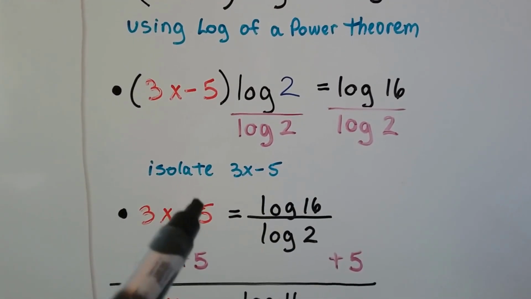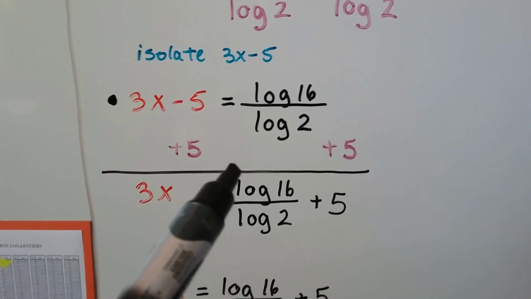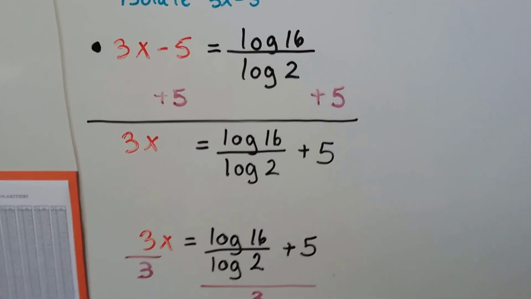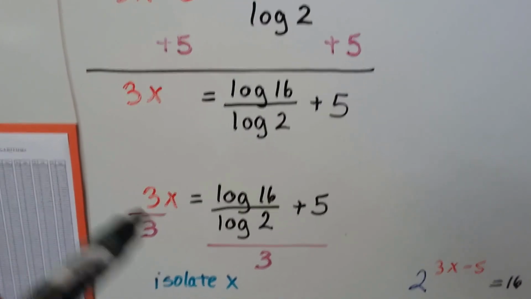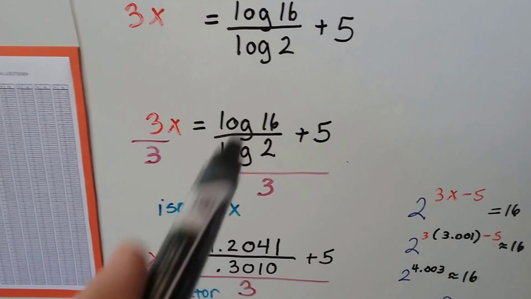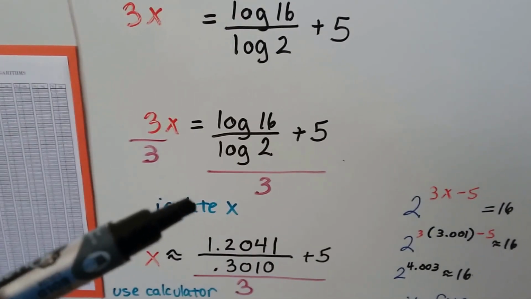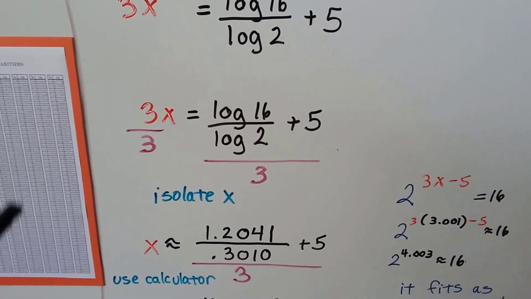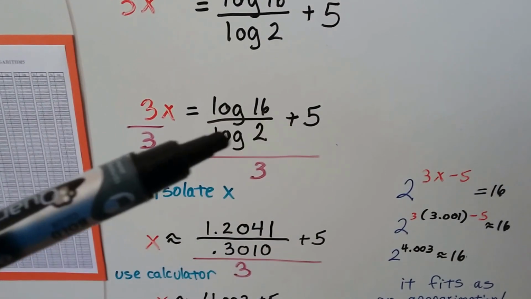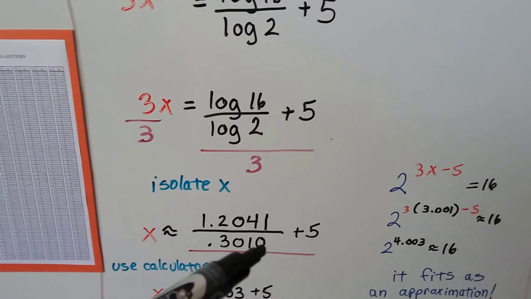We can get rid of this minus 5 by adding 5 to each side of the equation. Now it's just 3x equals the quotient of log 16 and log 2 plus 5. And we can isolate that x further, can't we? We can divide both sides of this equation by that 3 coefficient. So now we get this big guy here for the right side of the equal sign. Using our calculators, we type in log and then 16, and we get approximately 1.2041, and we type in log and 2, and we get approximately 0.3010.